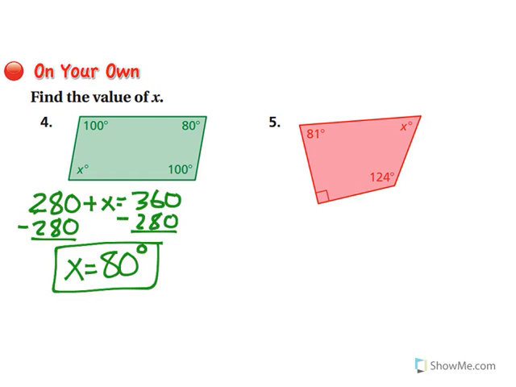All right. And then for our next one, we're going to have 81 plus 90 plus 124 plus x equals 360.